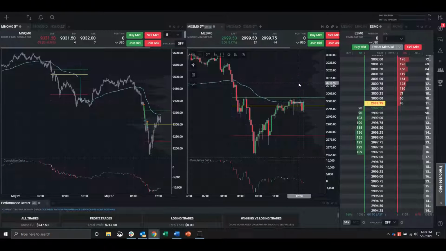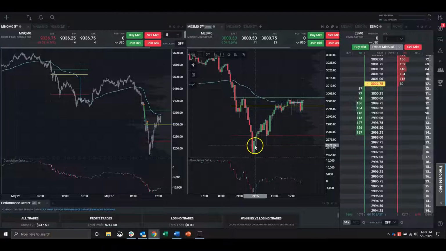What am I looking at here? Well, the idea is that as the point of control flips, more volume is being conducted down there, right? What does that mean on an extended move? As we've seen here, if the point of control was up here originally, we had like 35 to 40 points of downside momentum on the ES.